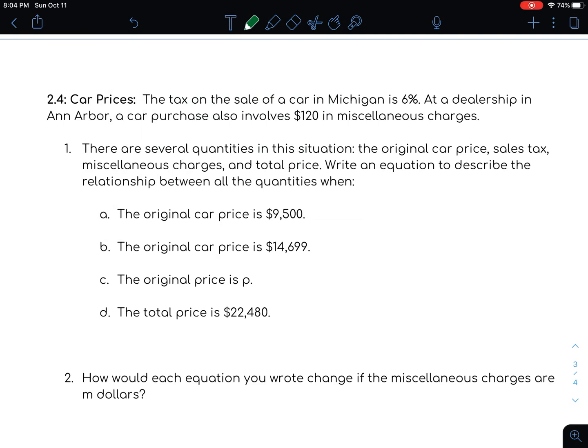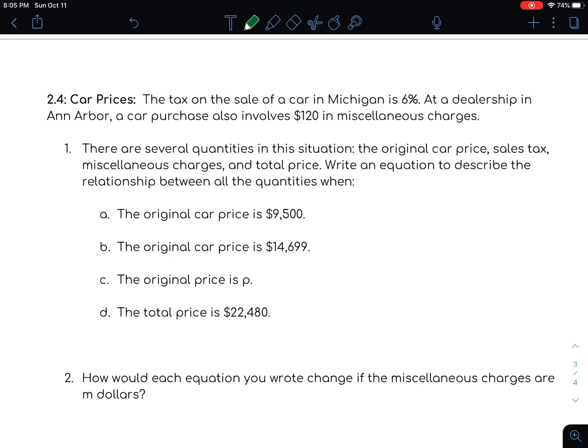All right, last problem for today is back to those percents that we were talking about at the beginning of our lesson. In this case, car prices. The tax on the sale of a car in Michigan is 6%. At a dealership in Ann Arbor, which by the way is where the University of Michigan is, if that sounds familiar, the Michigan Wolverines, a car purchase also involves $120 in miscellaneous charges.